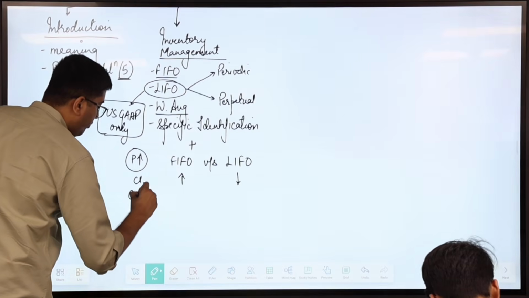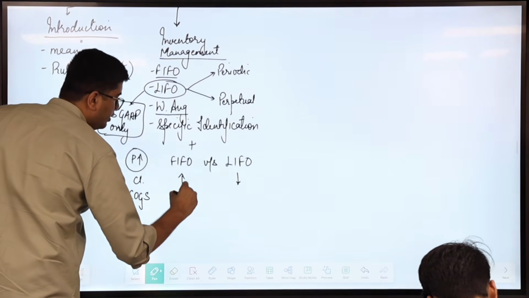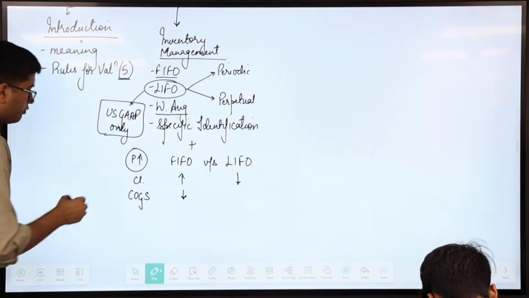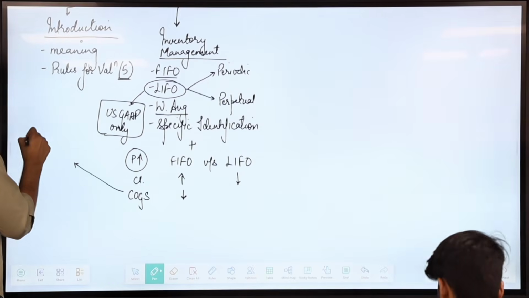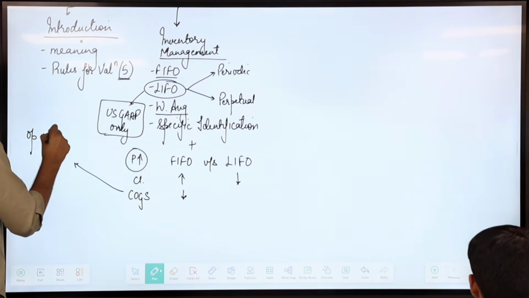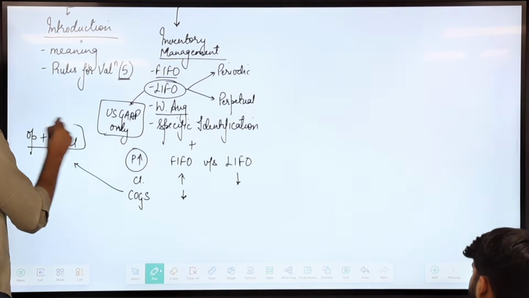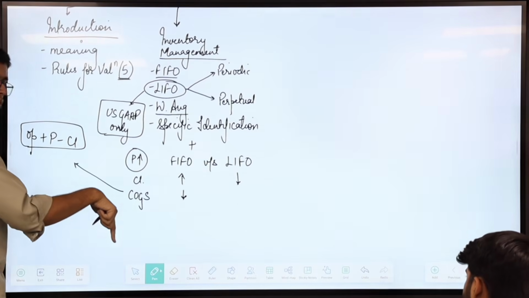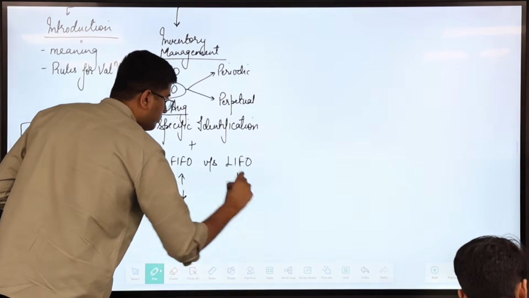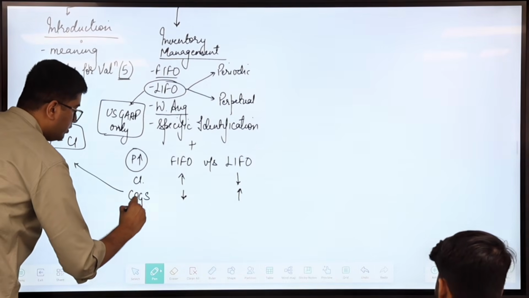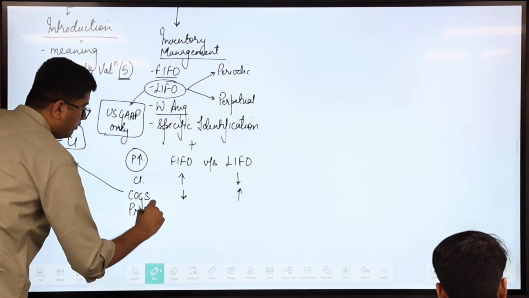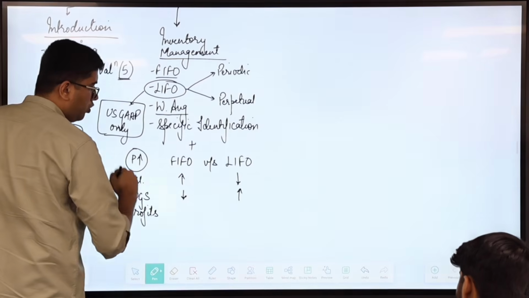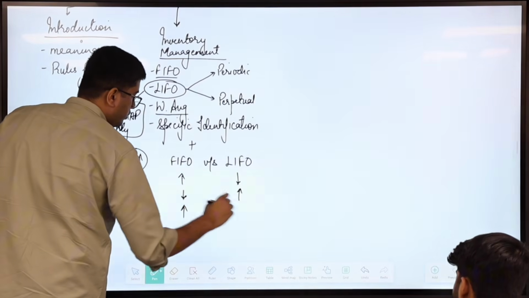Cost of goods sold have exact opposite relation, because formula for cost of goods sold is opening stock plus purchase minus closing stock. So as closing stock goes up, cost of goods sold will go down. Profits have an inverse relation with cost. So where cost is low, profits will be high.